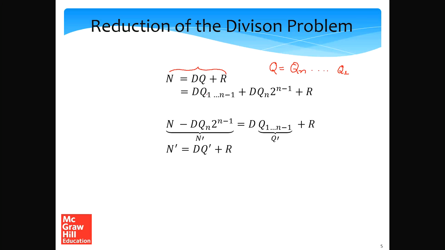So we can break it into two parts. One is qn times 2 raised to power n minus 1, plus one number which consists of the remaining n minus 1 bits. We have also done this before in chapter 2.